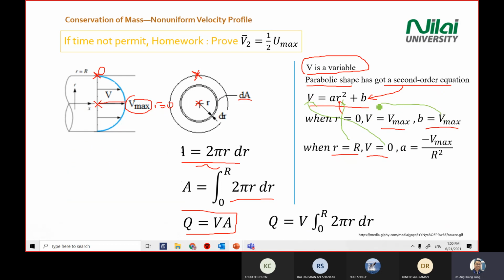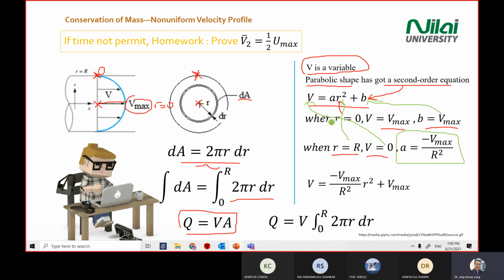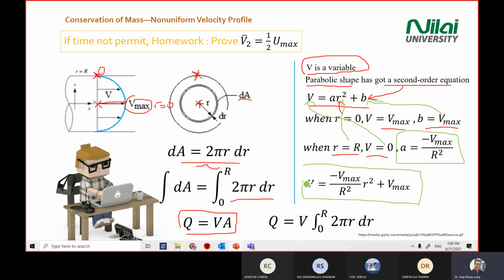You just use B back, so you get your A. Your A equals minus Vmax divided by R squared. You rewrite your A and B into the parabolic equation. You arrive at the capital V, the velocity for the parabolic: V equals minus Vmax divided by R squared times r squared, plus your B, which is Vmax.